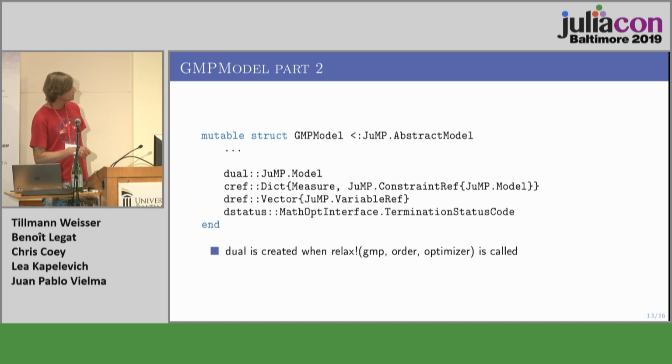Overall, in this modeling process, I don't create the JuMP model. I create a JuMP model actually only when I call relax(jump, order, optimizer). JuMP means, take your JuMP model. Order means to which order, in which sense, you want to relax your problem, and optimizer is with which optimizer you want to solve the problem.